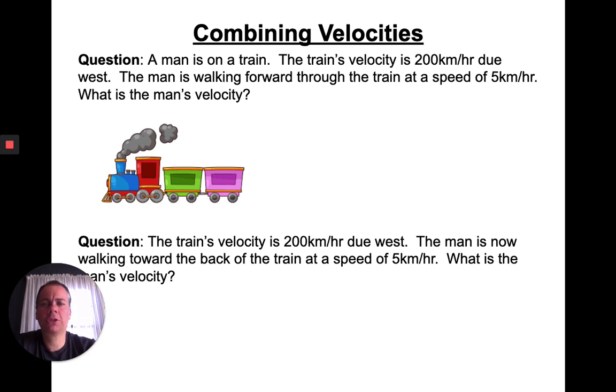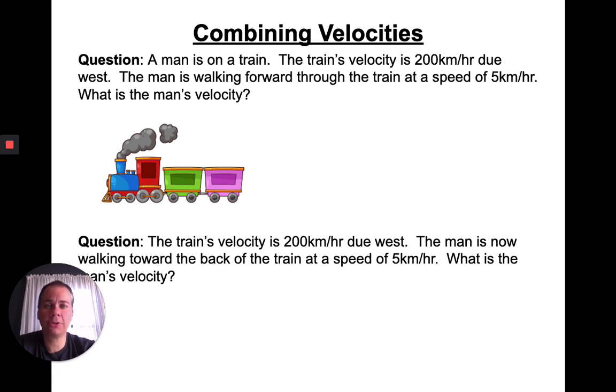This is because to look at your overall velocity compared to people not on that walkway, not only are you moving forward with the speed with which you're walking, but you also have to add on the speed of that moving walkway. Imagine a man is on a train moving 200 kilometers per hour due west.